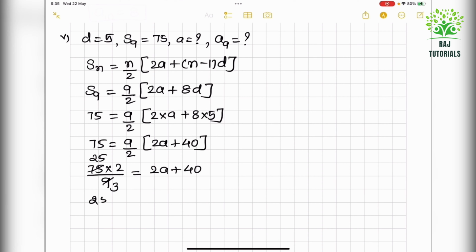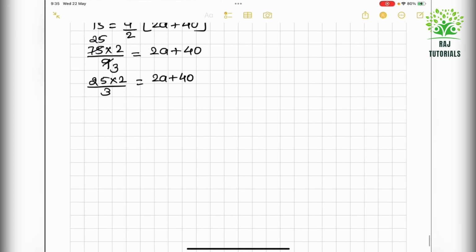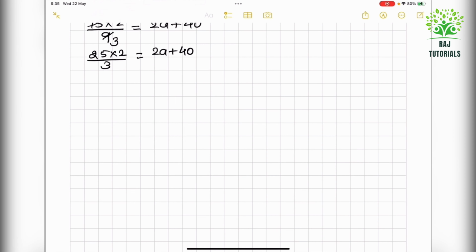So 25 into 2 by 3 equal to 2a plus 40. So 25 into 2 will be 50. 50 divided by 3 minus 40 equal to 2a. So 50 minus 120 divided by 3 equal to 2a.